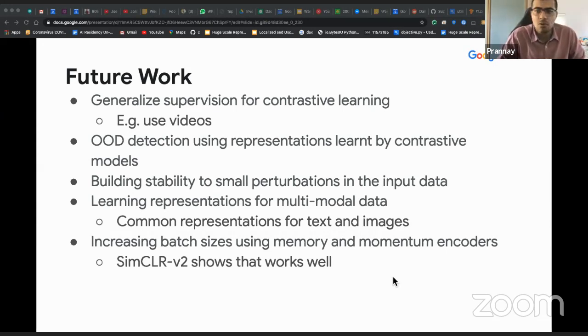And of course, there are other contrastive learning techniques which have worked really well, and that is the MoCo paper, and then there's the DeepMind paper as well, BYOL and so on. They have shown that if you use momentum encoders and memory, interestingly, then you can work with very small batch sizes and you can make things work. And while some of that work has been increasingly focused on unsupervised or self-supervised, we do believe that using label information would give you state-of-the-art performance when combined with those techniques.